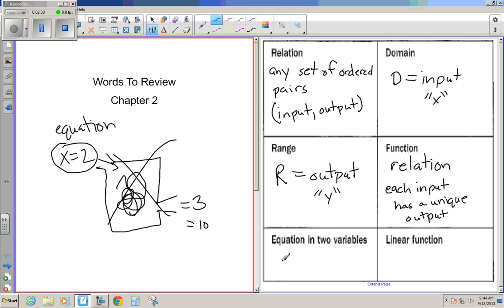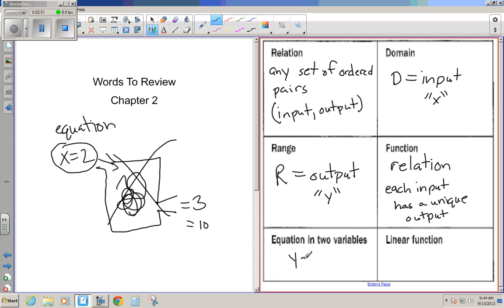An equation in 2 variables. I think we'll just write here an equation in 2 variables is y equals mx plus b. We're just going to use that as an example. Basically, you have 2 variables, an input and an output. A linear function, we're going to say again, is still y equals mx plus b.